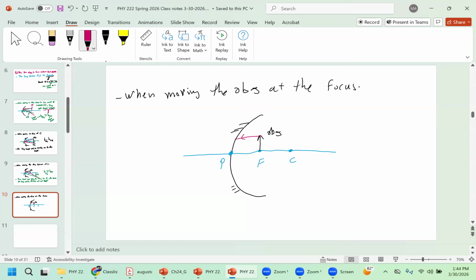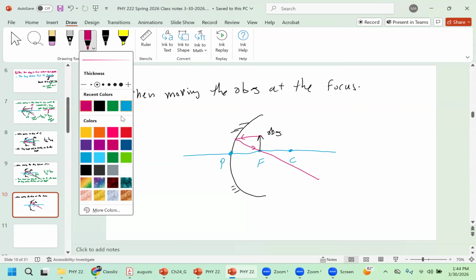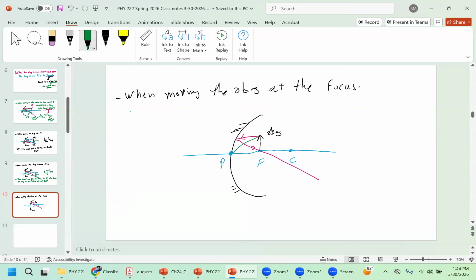It's going to go through the line and through the focus, or we said we're going to go through the pole, going on down. Again, here's your angles.